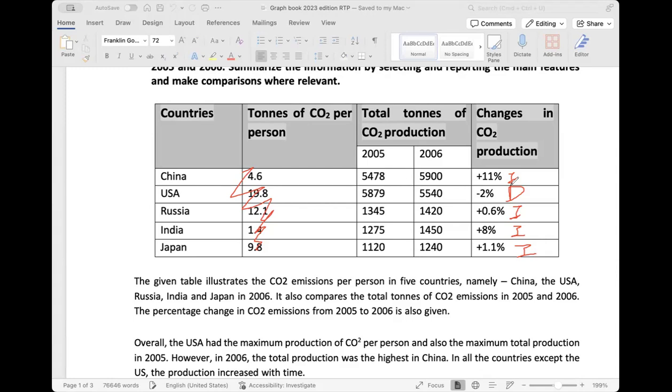Okay. Anyone has any doubts? Yes, sir. This 2005 and 2006 related to CO2 production. Yeah. Changes in CO2 production in the percentage. So we are not looking at the CO2 per person. That is different. So let me give an example.